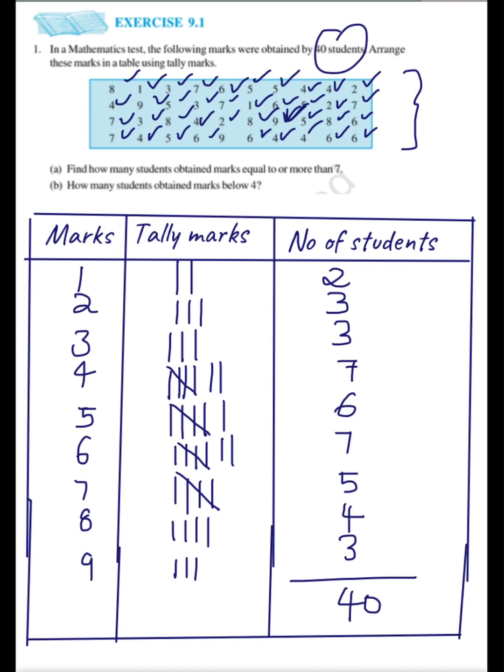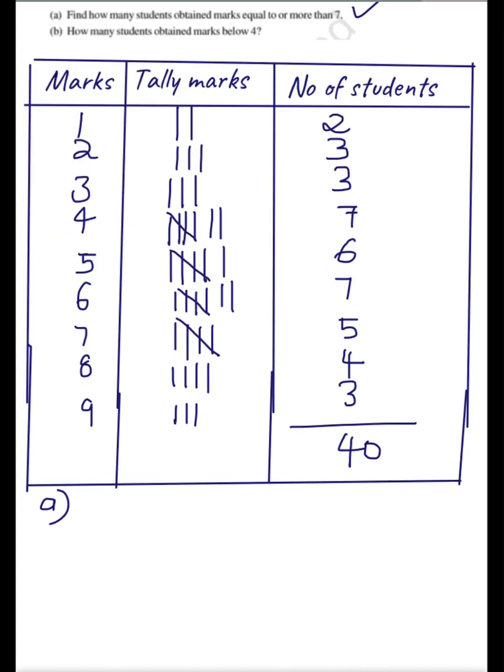Now what is the question? Find how many students obtain marks equal to or more than 7. That is the first question. Let's do that. Equal to or more than 7 means what? Mark 7 is here. Okay. And you have to count how many students got equal to or more than 7.